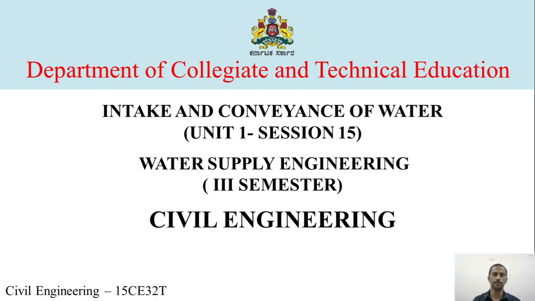This is session 15 of the course Water Supply Engineering in third semester of Civil Engineering program. In the previous session number 14, we learned about pipe joints, the necessity of pipe joints, the requirements of pipe joints.